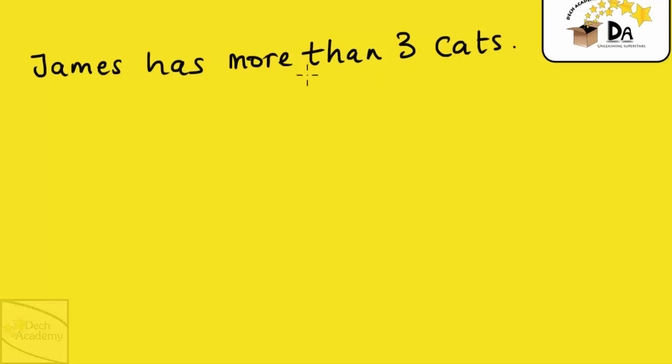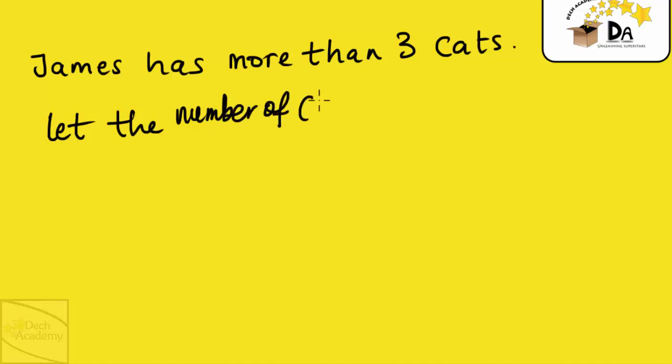This is a sentence and it can be represented using symbols, using an algebraic expression. If one says, well, let the number of cats owned by James be, this time I'm going to use a different variable, I'm going to use y.